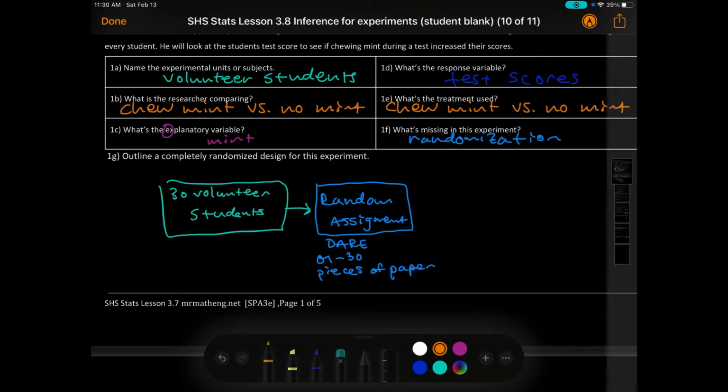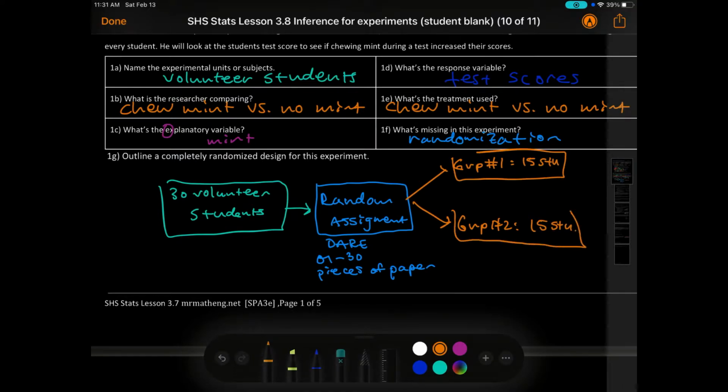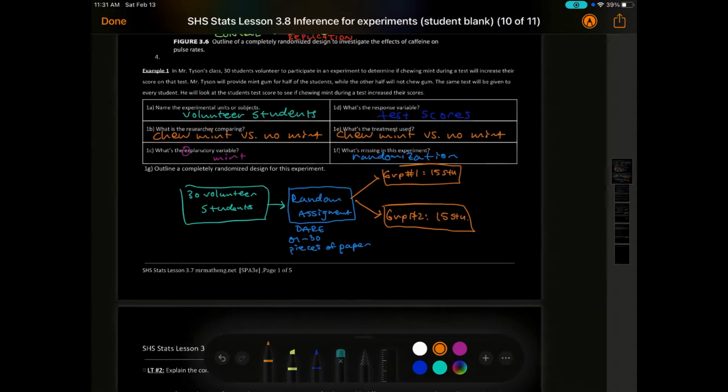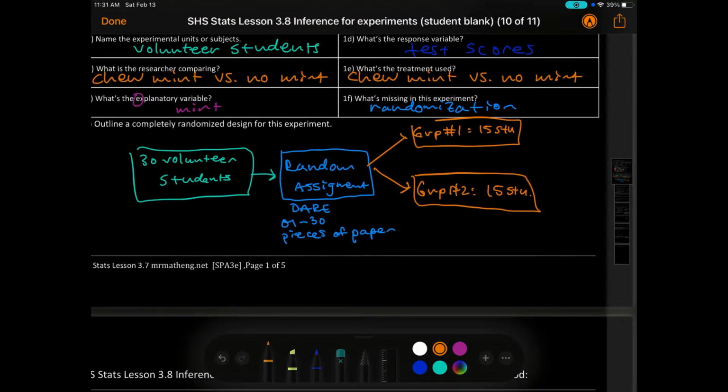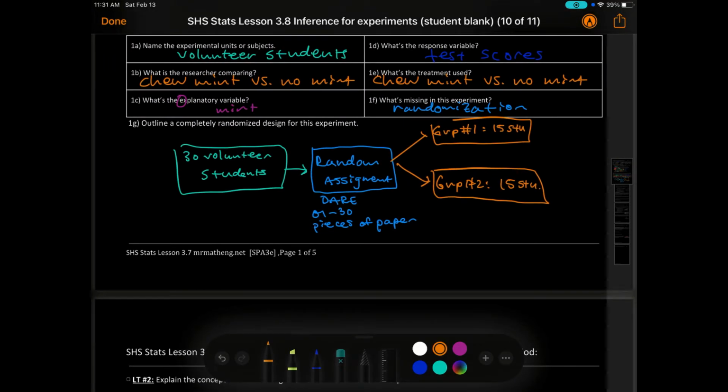So we'll call this one group 1. And this is 15 students. And this is group 2, 15 students. And what is our treatment? Oops, ran out of space. Here's a cool thing about technology, kind of.